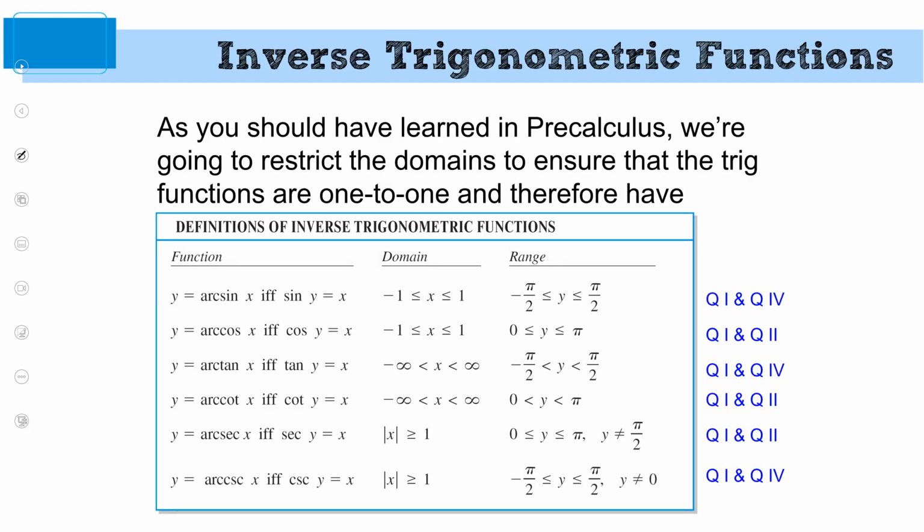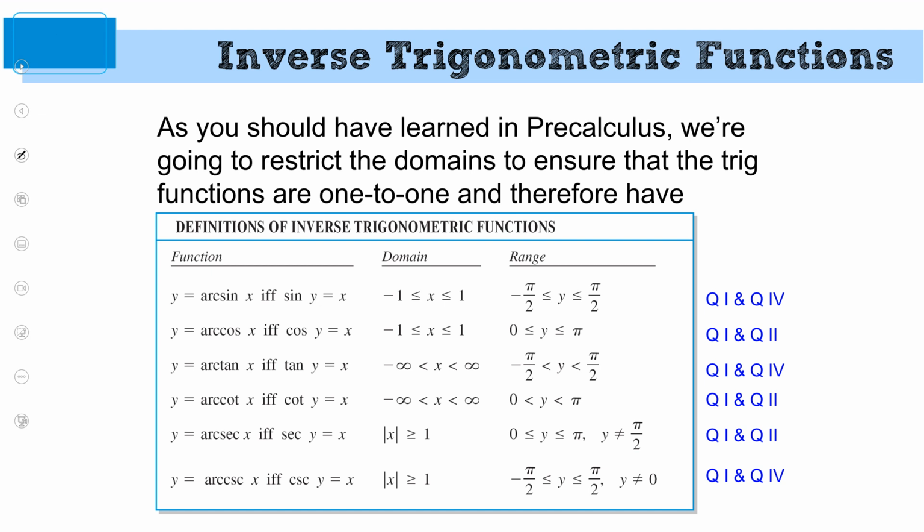Inverse trig. Well, this isn't fun. Okay, so let me summarize this chart very easily. When you do the inverse of a trig function, the trig answer gets restricted to certain quadrants.